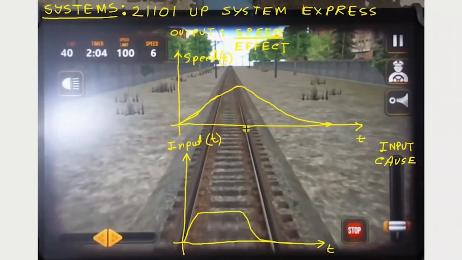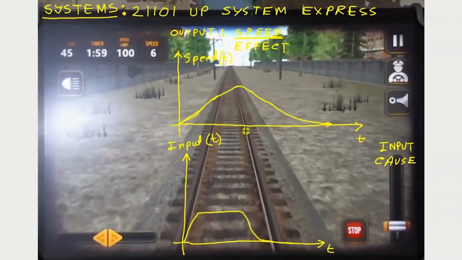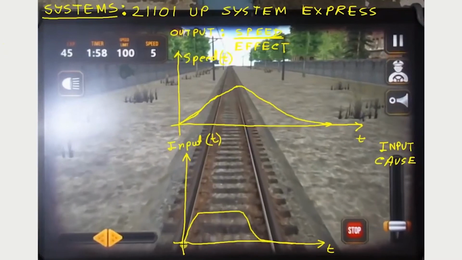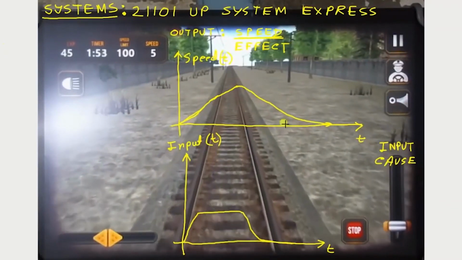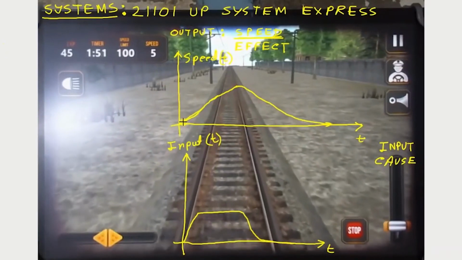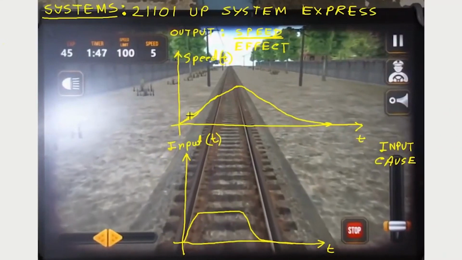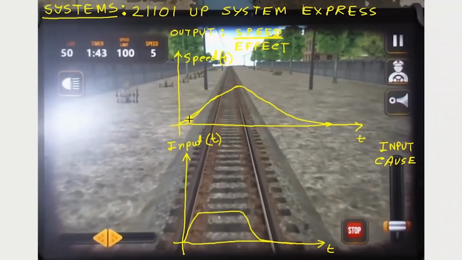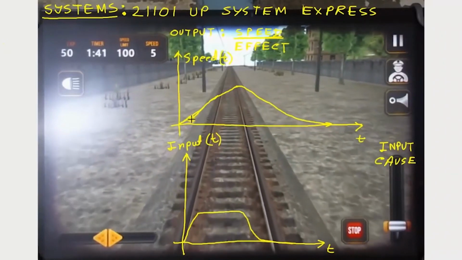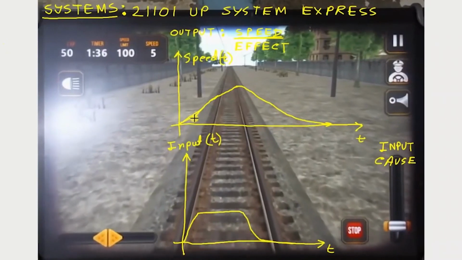Now, if I were an experienced driver, if I knew the relation between this input and this output pattern, then I could reach my destination very quickly, in the shortest possible time, without making an accident.